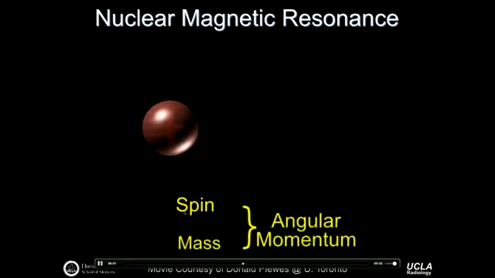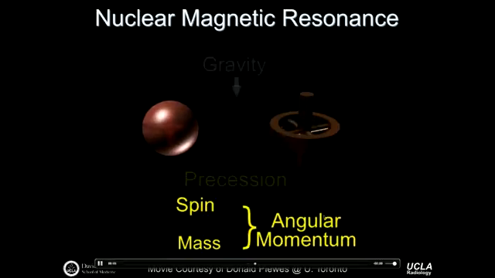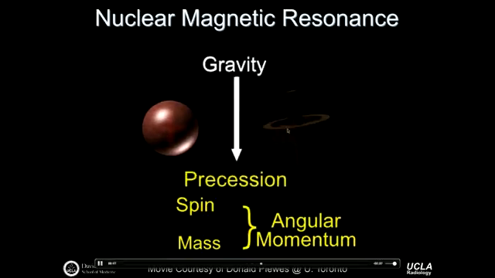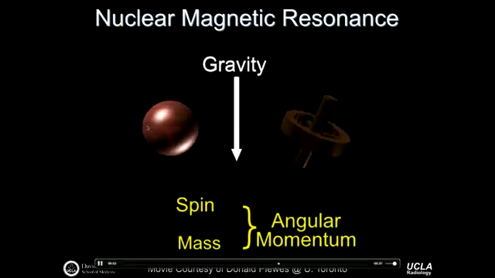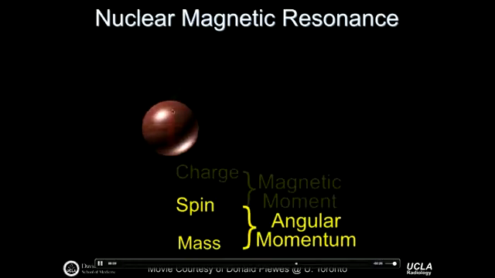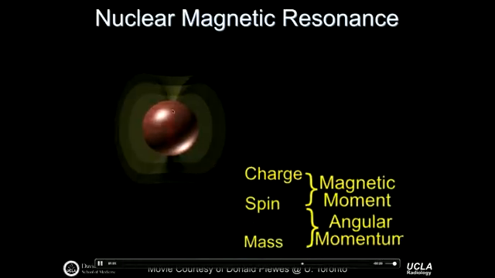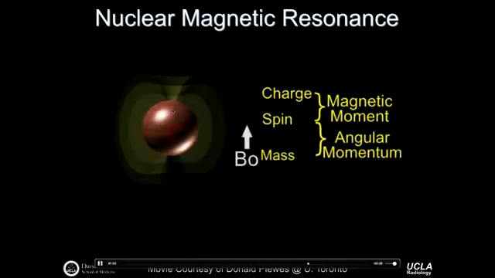So not only do we have spin and charge, we have spin and mass. And spin and mass gives us angular momentum. And that means as a top would wobble around or precess in a gravitational field, our magnetic dipoles will also precess, but in a different potential field. It's a B field that they precess in. And so these magnetic dipoles will have this kind of wobbling behavior, just like a conventional top as well.